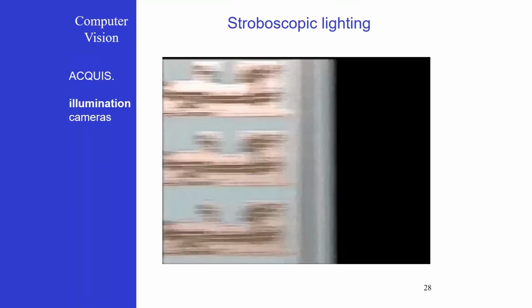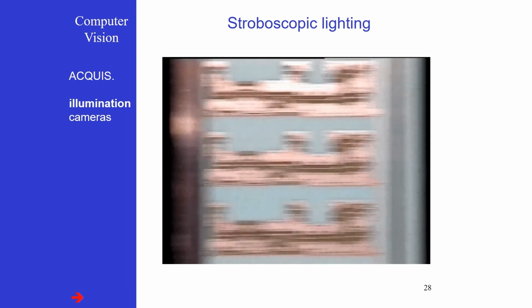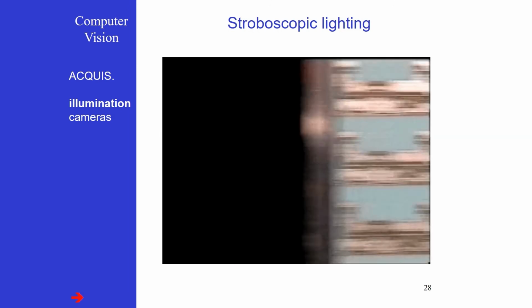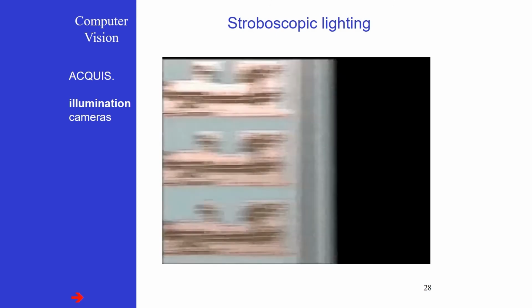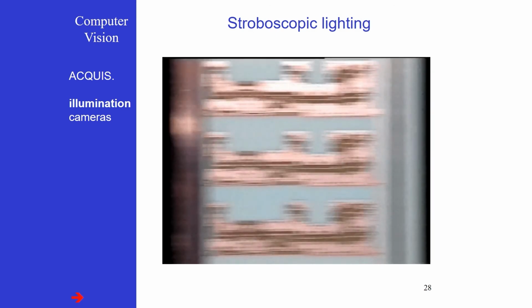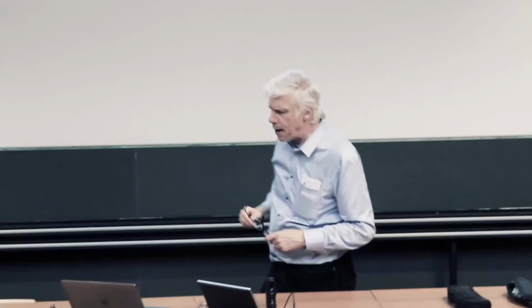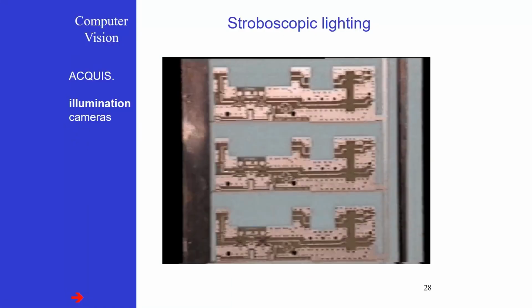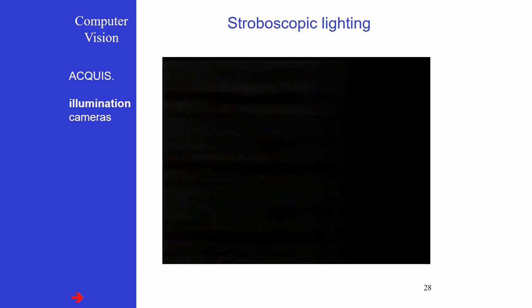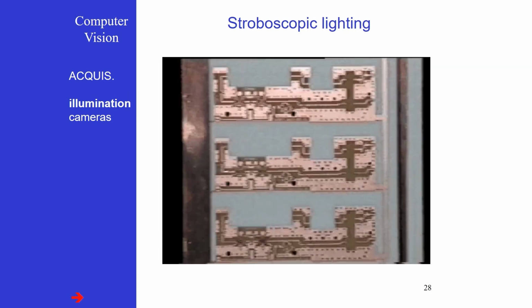And here you have an example. This would be the kind of image of a PCB board passing very quickly beneath a camera. So you see all the blur going on. That's not the kind of image you would like to inspect. But if you now have stroboscopic light, so very bright pulses of light during a very short time, that helps you to build a sharp image instead.